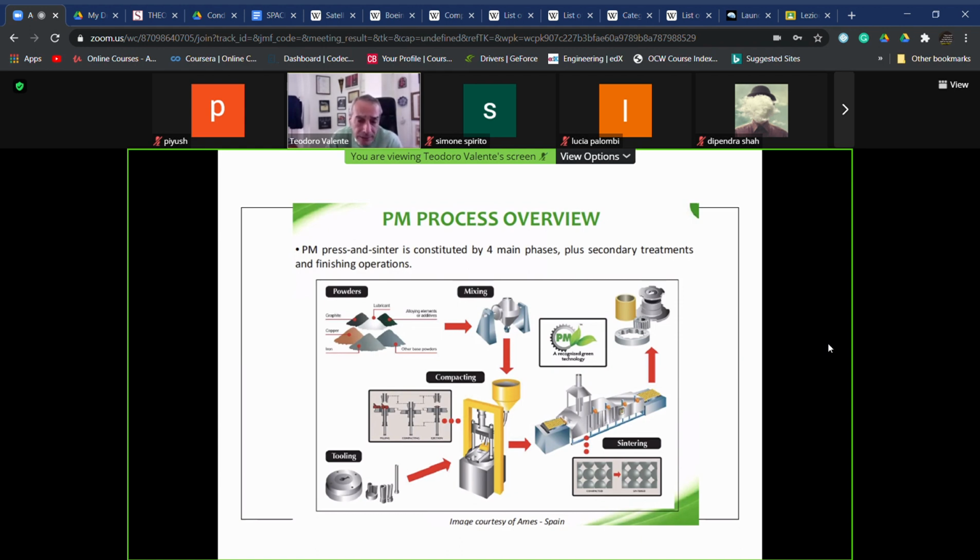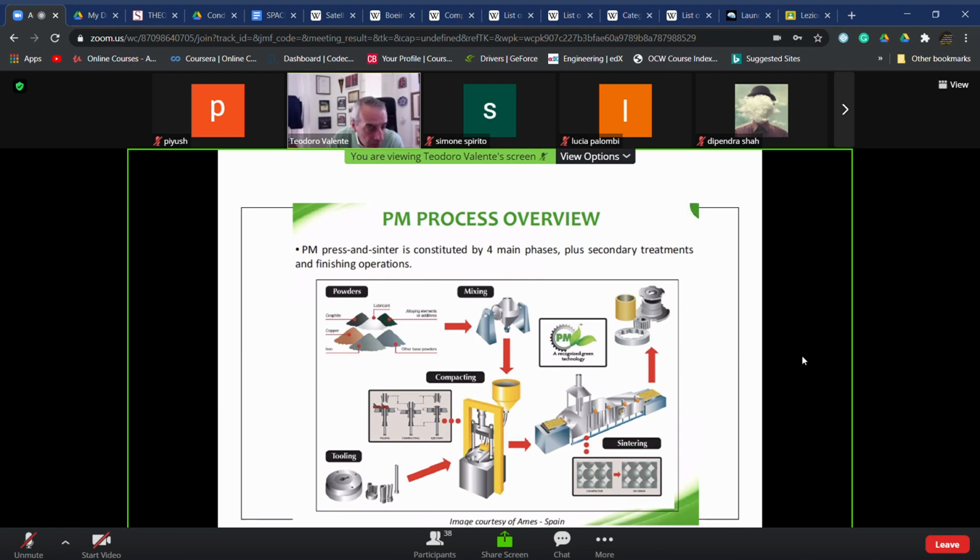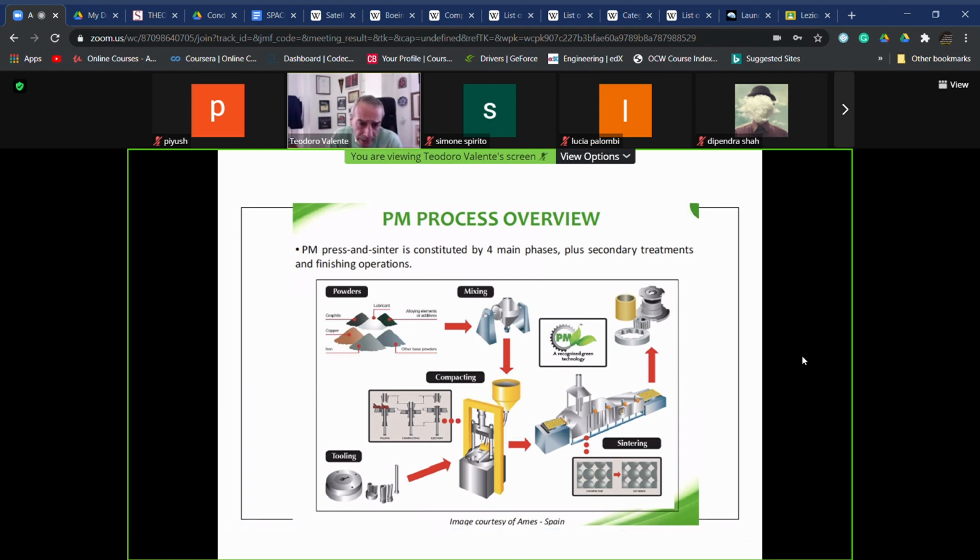Then this green body, which has very low, but some, mechanical resistance, some consistency after compaction, that is after application of a force, in some cases can be tooled, and must be put in a high temperature environment, for example, in a furnace, in which we can also decide to apply, together with a thermal cycle, a mechanical cycle. This is the possibility, for example, represented by the so-called hot isostatic pressing.